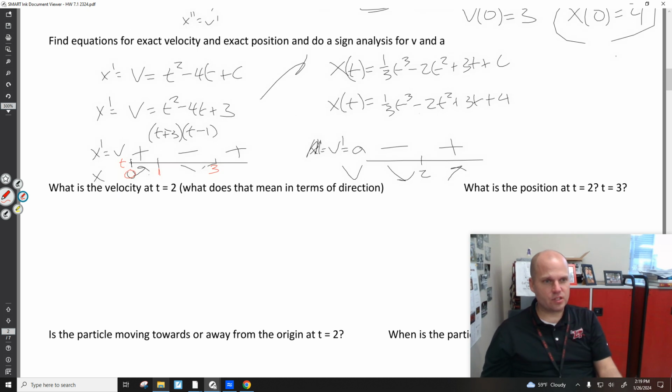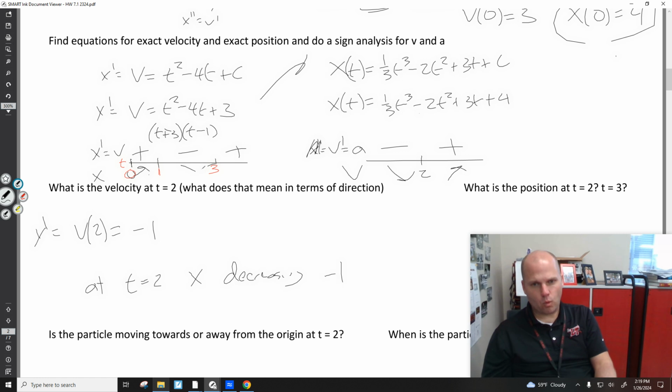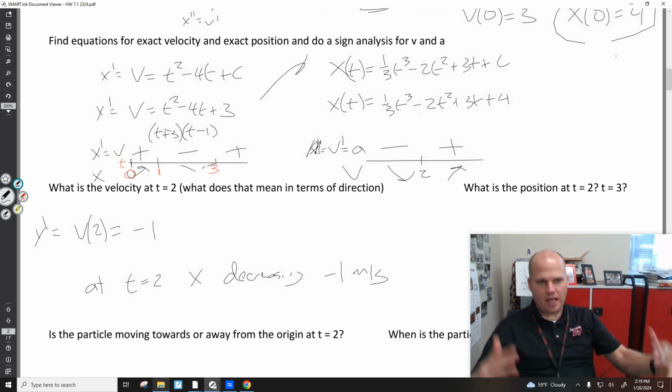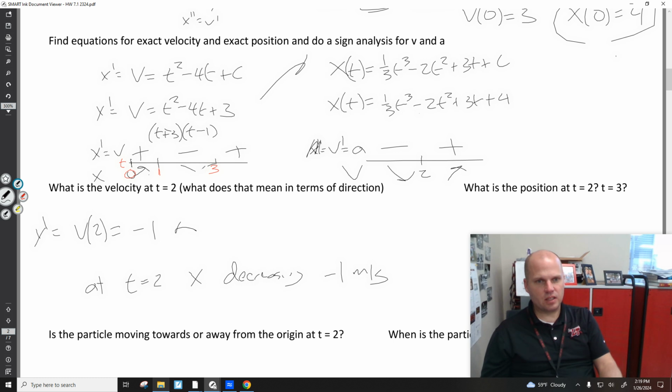What is the velocity at 2? Well, I have my equation for velocity. I get 4 minus 8 plus 3, which is negative 4 plus 3, which is negative 1. So at t equals 2, my position is decreasing by 1 meter per second. That's what it means. It means I'm moving left.